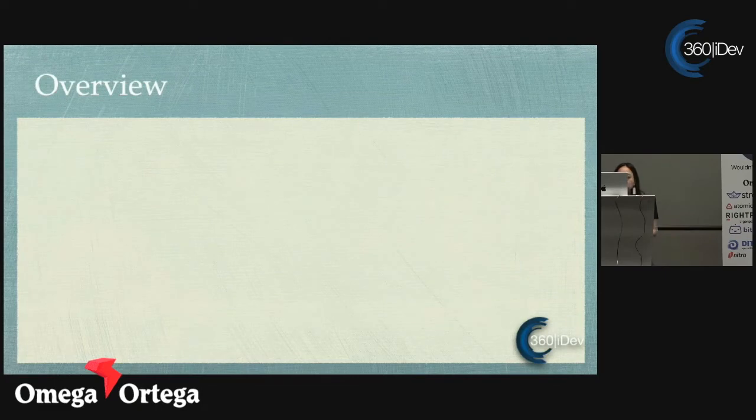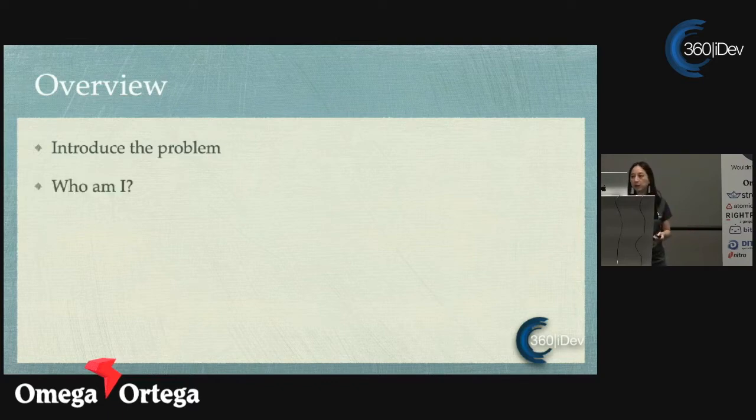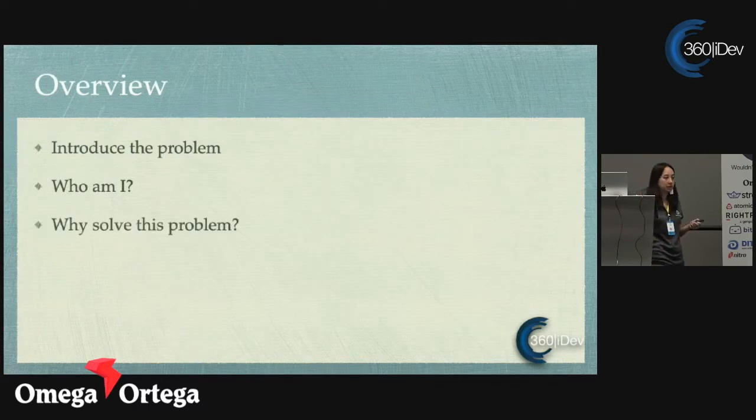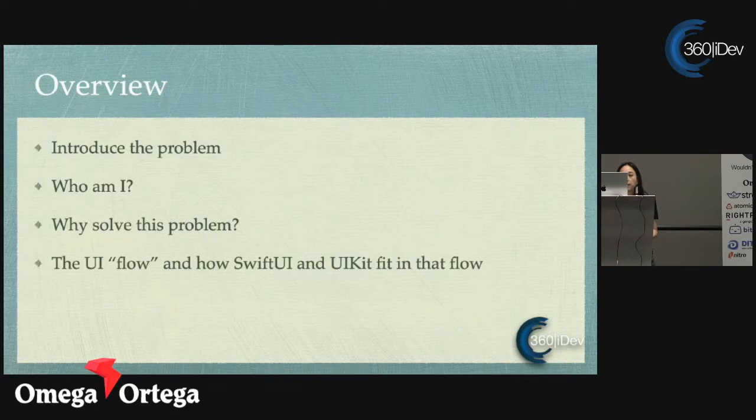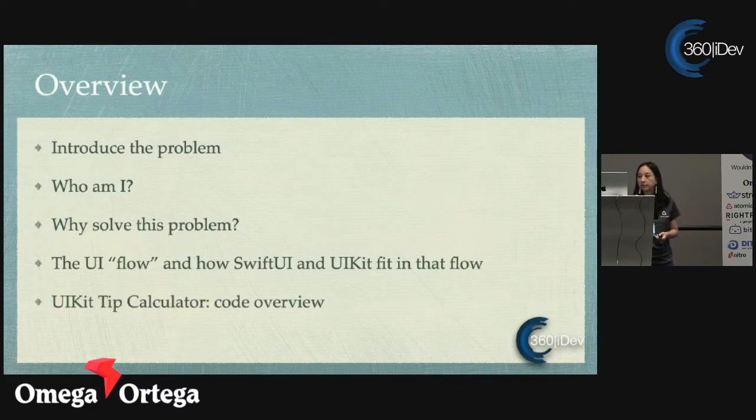So let's go over what we're going to talk about today. I introduced the problem we're trying to solve: how do we build hybrid UI apps? And I've introduced myself. I'm going to talk a little bit about why we want to solve this problem. And then before we go much deeper into the how, I'm going to explain the UI flow and how that's different between SwiftUI and UIKit.